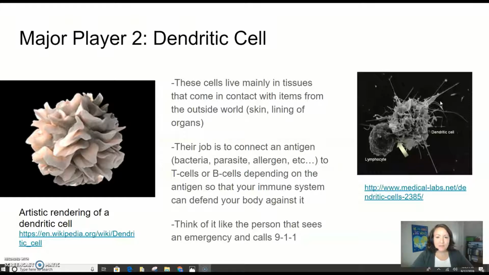So that really means, think of it like the person who calls 911. So they see an emergency and they call 911 because they see it happening. And that's kind of what a dendritic cell does. They see an antigen or a pathogen, so that could be bacteria, an allergen, a parasite, any of those things. And they basically call your T cells to come in and fight against it.